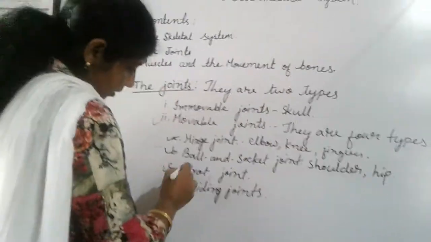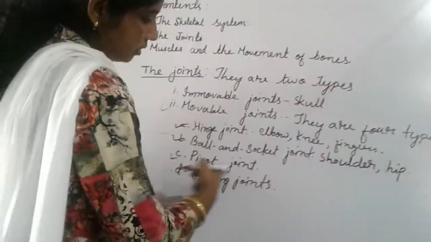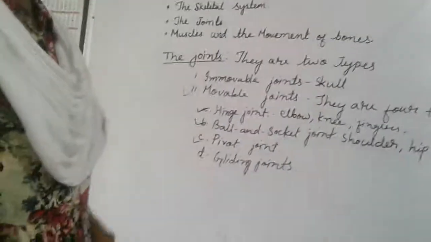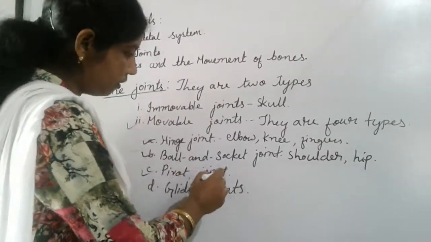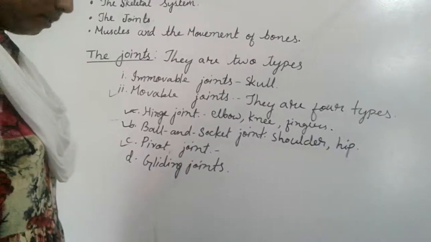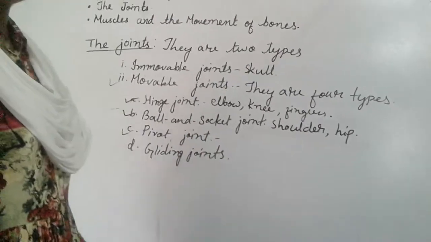Next is our pivot joints. What are pivot joints? Pivot joints are the joints that allow the bones to twist and rotate.